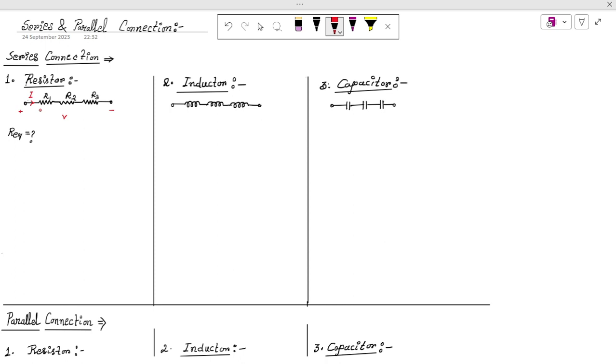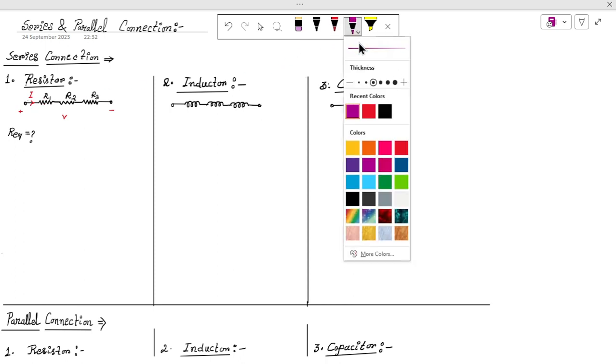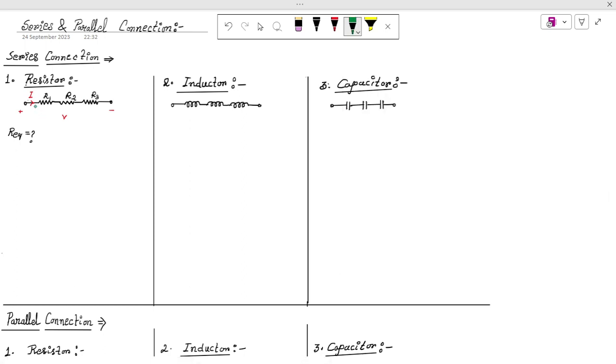When current flows through this path, there will be individual voltage drops, and we can write them such that where the current enters it is plus, and that is minus. Here it is plus, and that is minus. Here it is plus, and that is minus. The voltage across R1 is V1, this is V2 across R2, and across R3 it is V3.